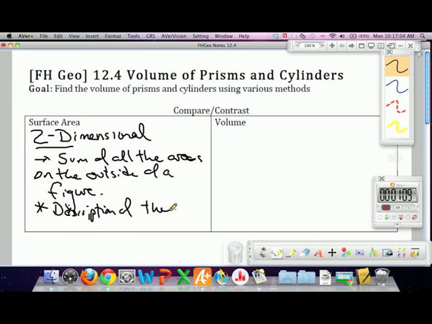Description of the... how about space? Conceptually, it's a description of the space that's in contact with the outside.